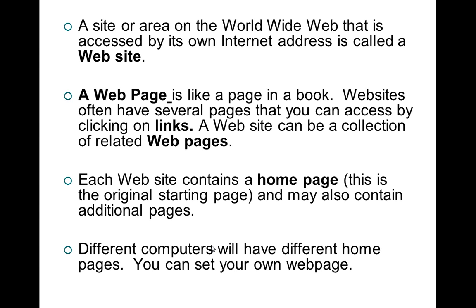The next point is that different computers will have different home pages. Suppose I am using Google, then Google has a different home page. You can set your own home page. Whenever I open the browser, if I have changed my home page to another page, then automatically a new home page will arrive.